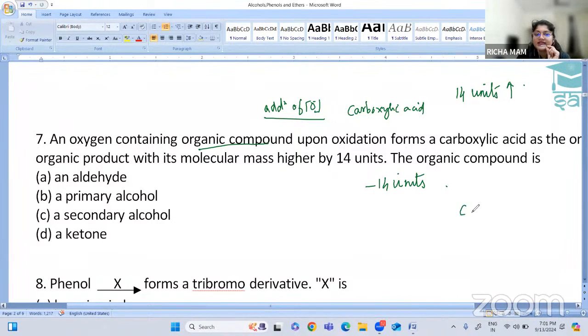Carboxylic acid is COOH. Carbon is 12, oxygen is 16 plus 16, hydrogen is 1.